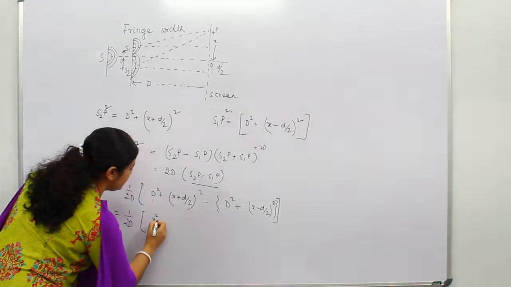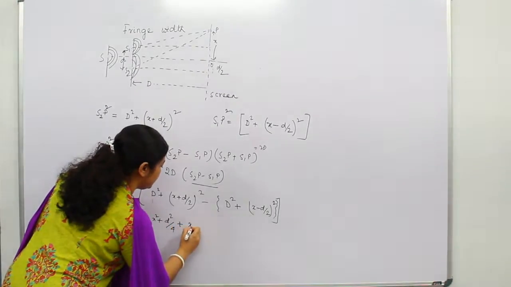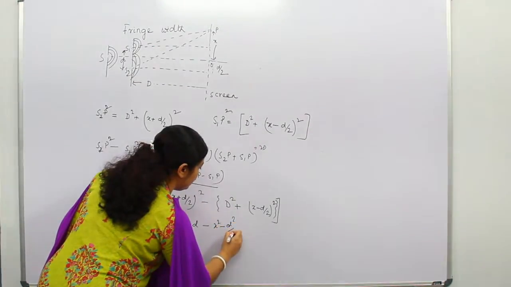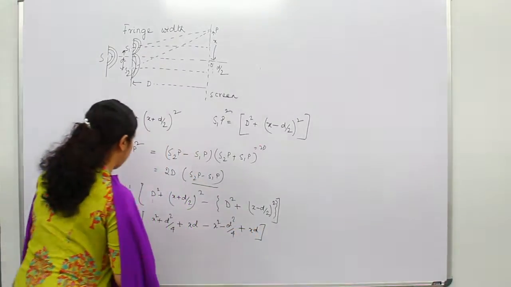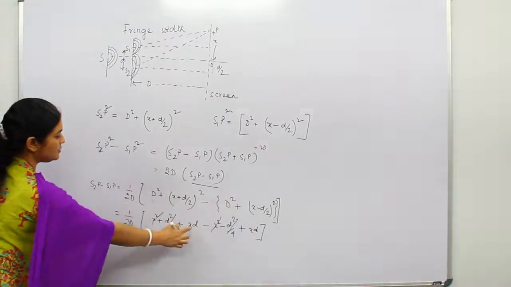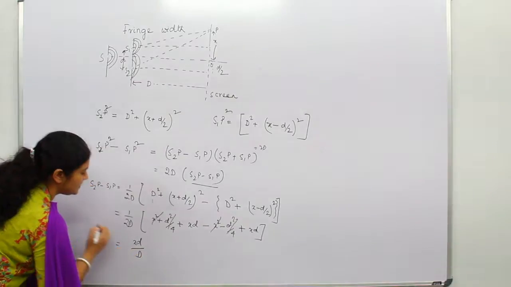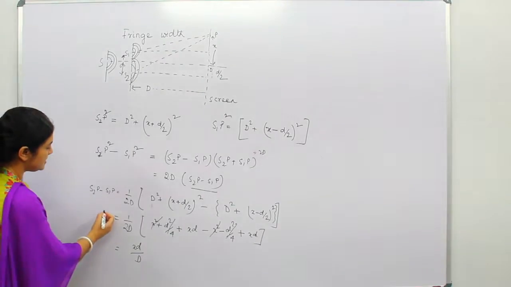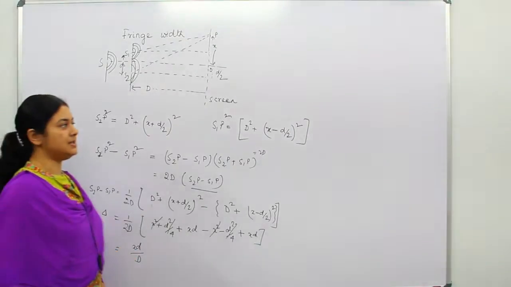We get x square plus d square by 4 plus xt minus x square minus d square by 4 minus plus xt. This one cancels, we get 2xd by 2D, the 2 cancels, we get x d by capital D. So this is the path difference. Thus the path difference delta is equal to x d by capital D.